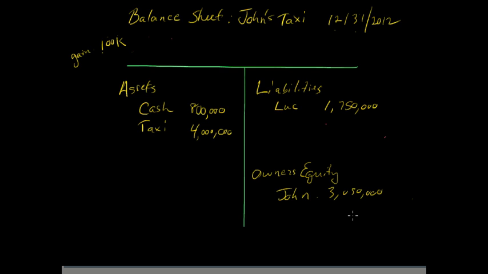Well, the way that impacts the balance sheet is that over here, that 100,000 comes in here and gets added to John's equity.